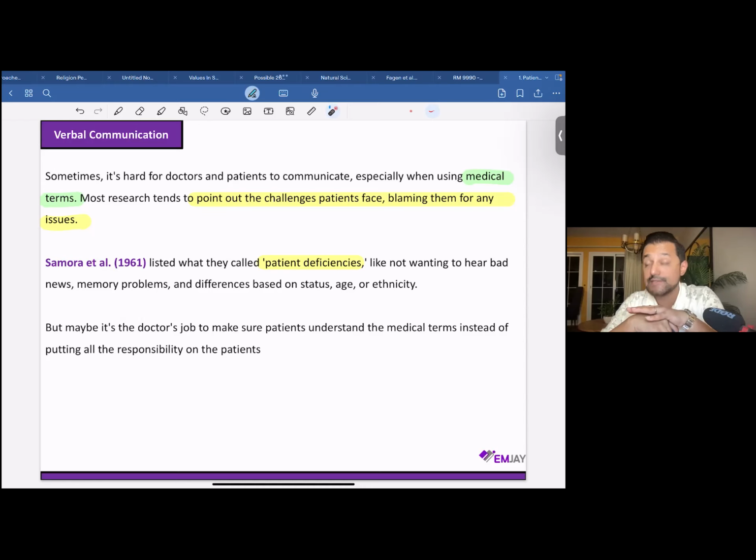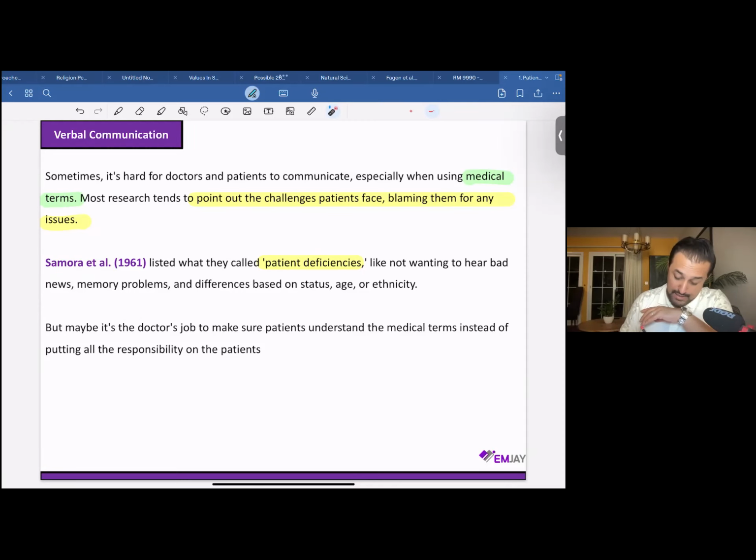For instance, according to many doctors, patients aren't really ready to hear bad news. Patients usually have memory problems. Patients usually would understand or communicate in a different manner based on their social class, status, educational qualification, knowledge of medical sciences, age, ethnicity, and so on.